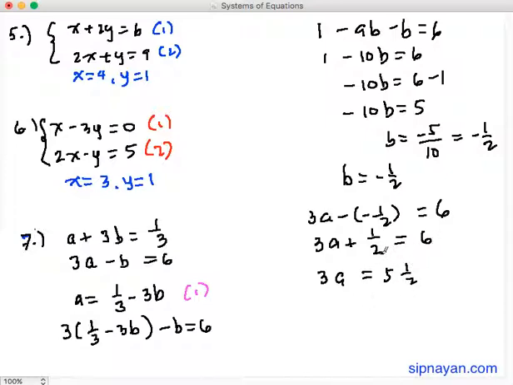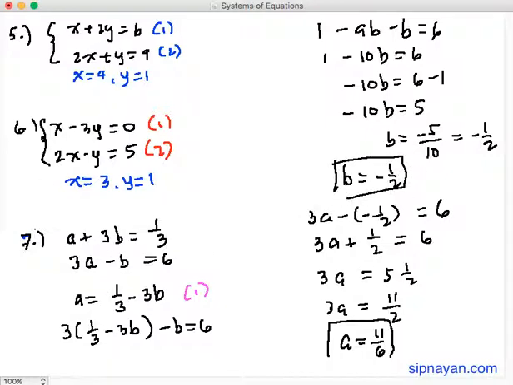Ang 6 pag binawasan mo ng 1/2, syempre 5 at kalahati. 3a can also be written as 11 over 2. Dividing both sides by 3, we have a equals 11 over 6. So meron tayong a equals 11 over 6, saka b equals negative 1/2.